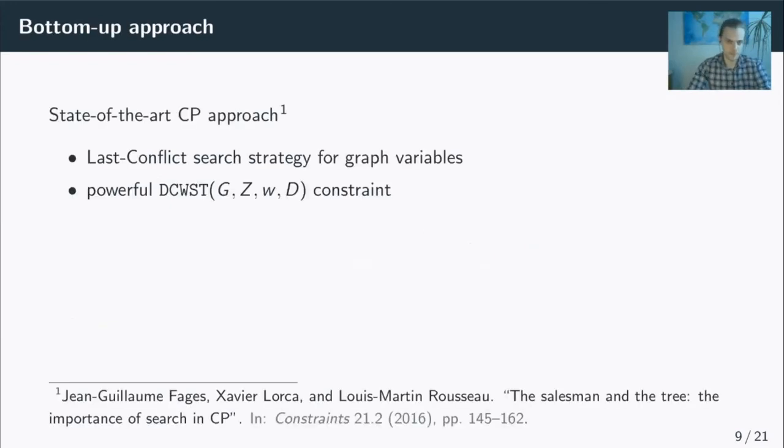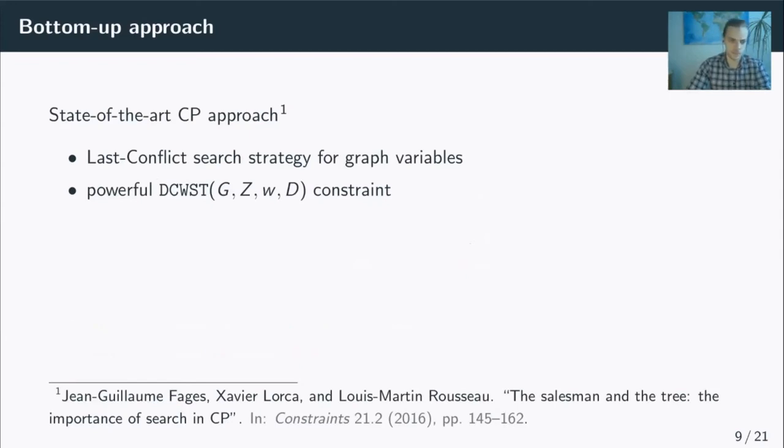The state-of-the-art CPU approach goes beyond this formulation, so they also use a last conflict search strategy which they adapt to graph variables, and a powerful degree constraint with its spanning tree constraint, which is a combination of the mentioned former two constraints.